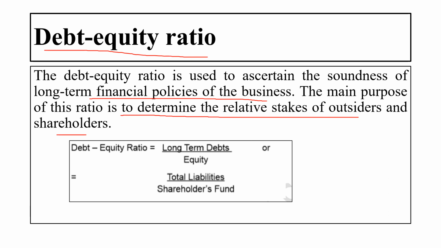The purpose is to determine the relative stake of the outsider and the shareholder. A shareholder is a person who has taken the company shares. The debt equity ratio equals long-term debt divided by equity, or total liability divided by shareholder funds. We use this formula to find out the debt equity ratio.